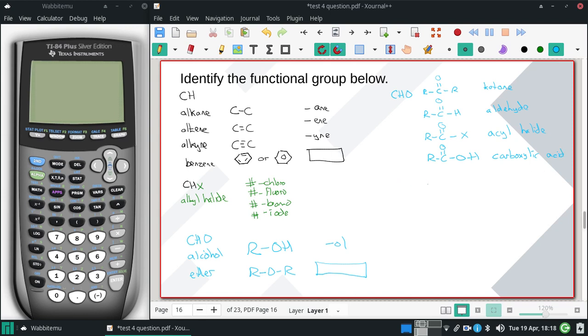And if I rip off the H and instead have another R, it can be the same R or different, we have an ester, not an ether, ester. Esters typically have pleasant smells. They're what gives the smell of fruits and vegetables; it's mostly the esters.